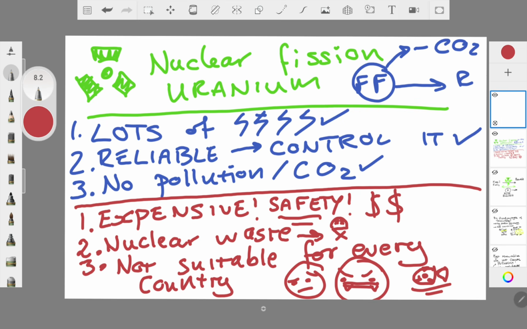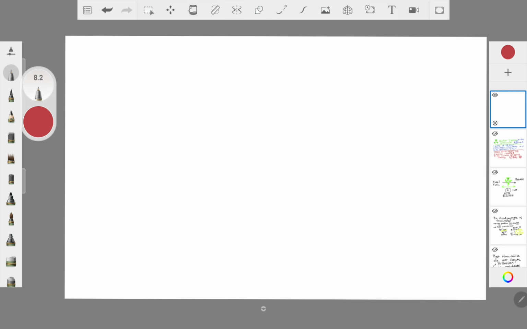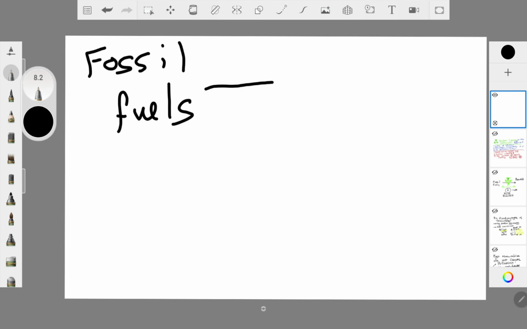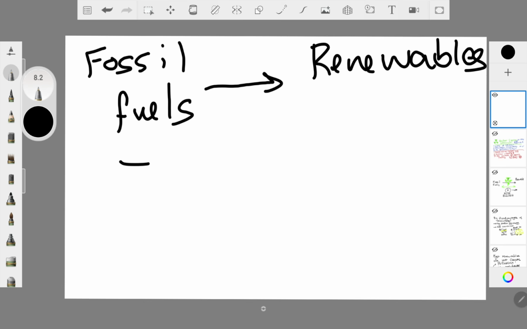So, all in all, I think we've covered everything there. Okay? We know that we need to move from fossil fuels to renewables. We know the challenges we face, the energy gap, and the time.